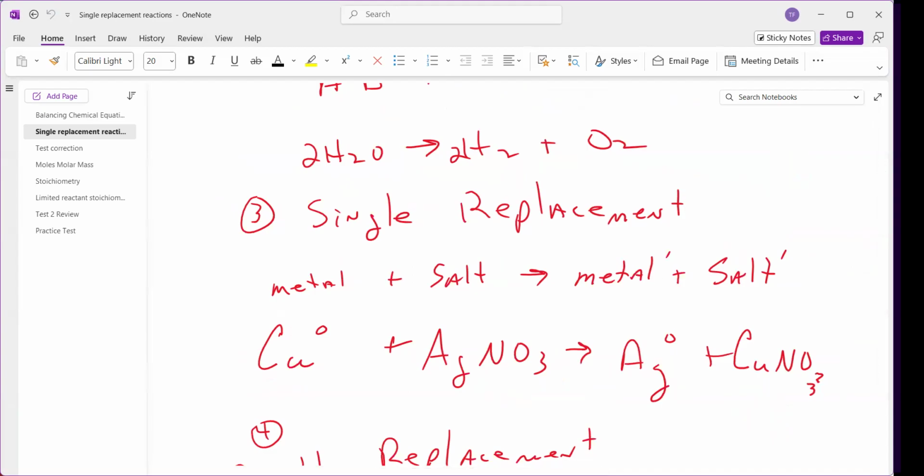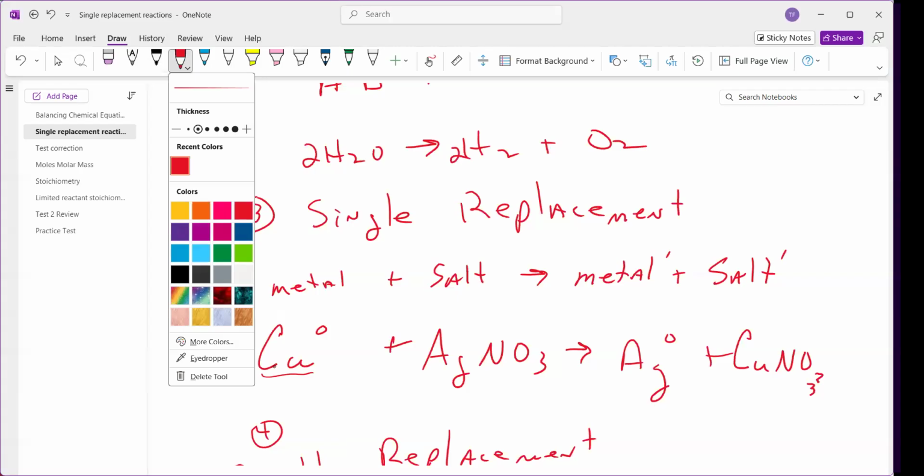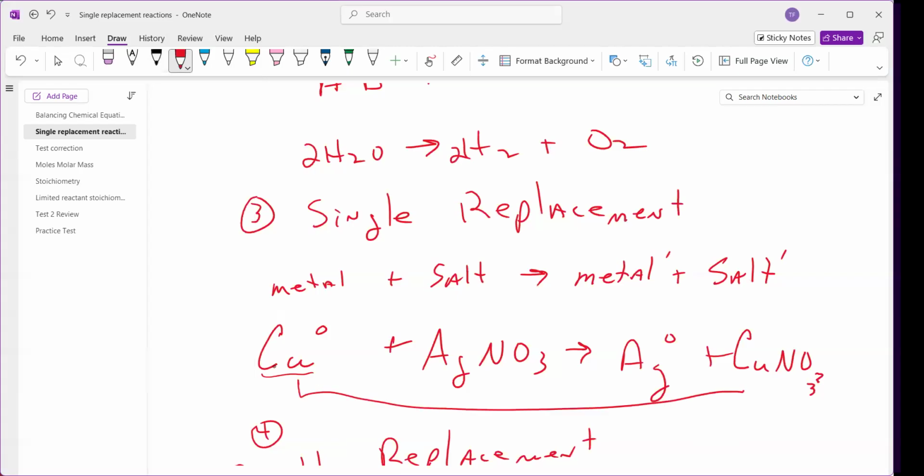For example, if we put copper and silver together, the copper goes from metal to the salt. When I say salt, that's ionic compounds. Table salt is a good example of millions of different salts in the world.